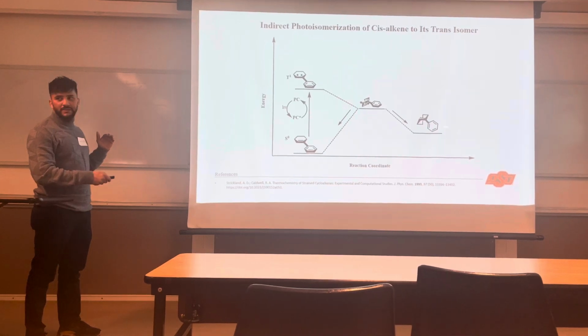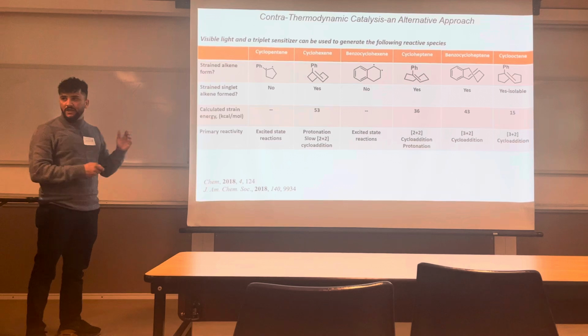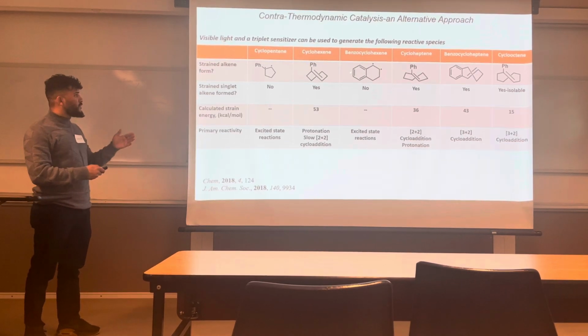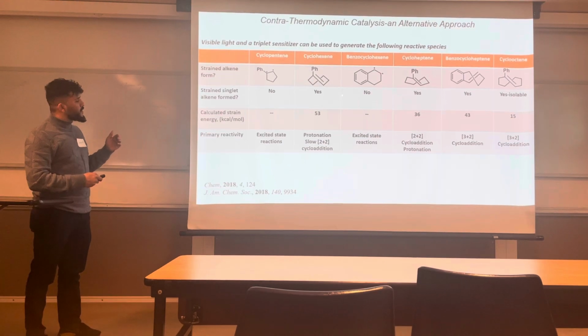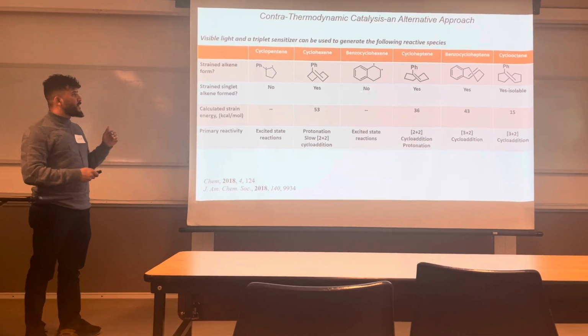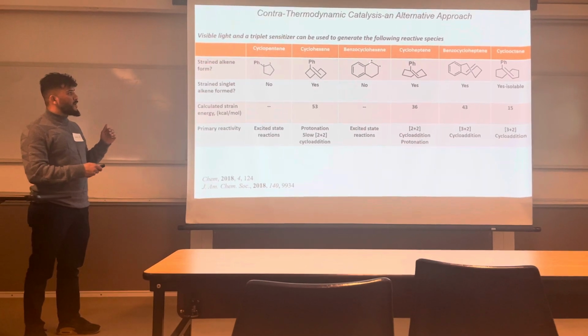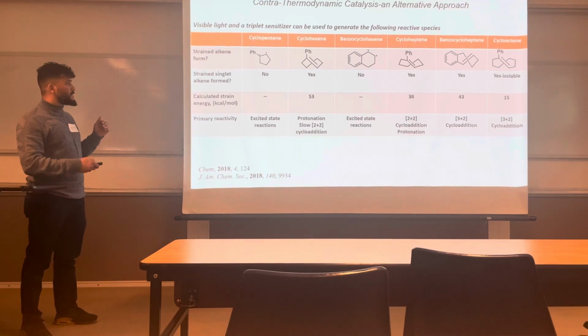It can't go to this other step. But again, the phenylcyclohexene can form the trans, and this is what it looks like. And this benzocycloheptene cannot form the trans because of the outer ring. Again, it'll stop at the biradical species, and the other ones can form a trans.